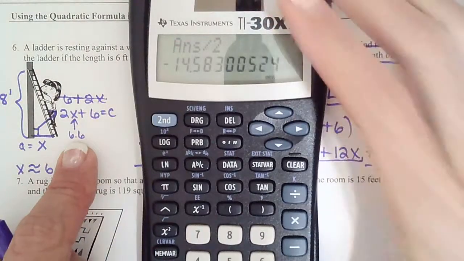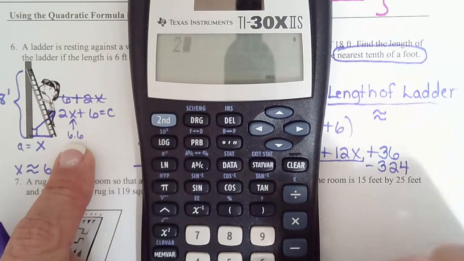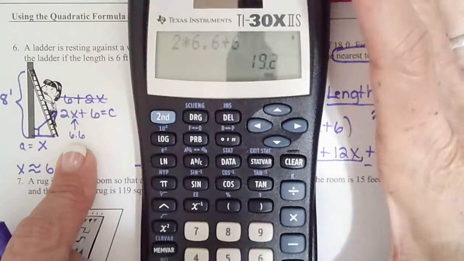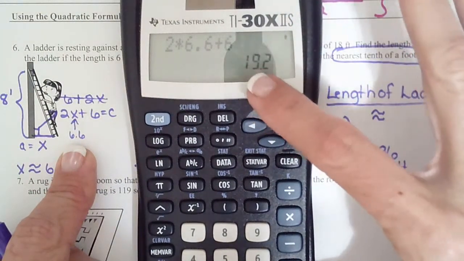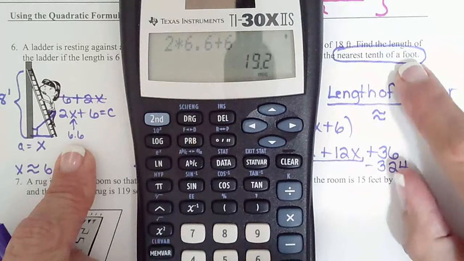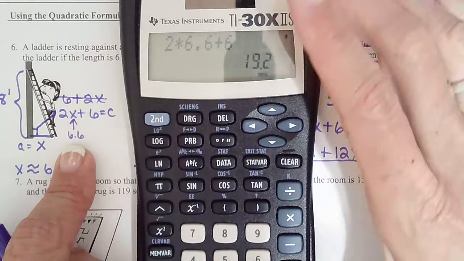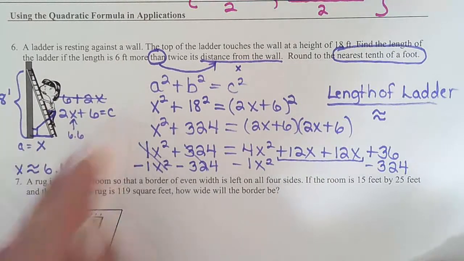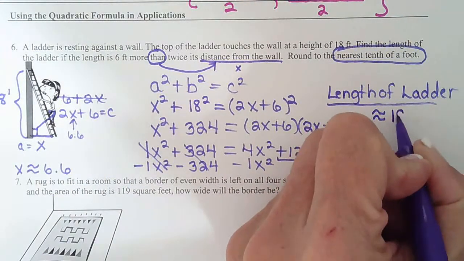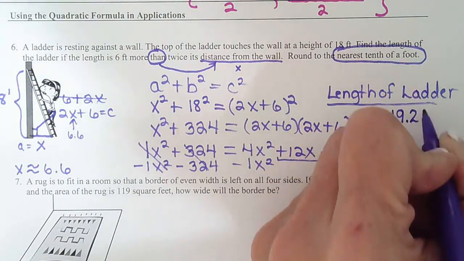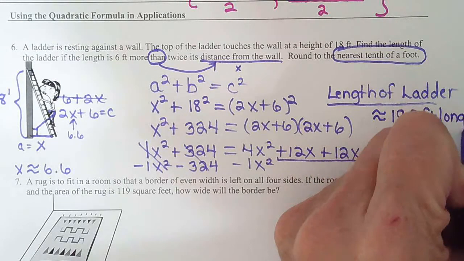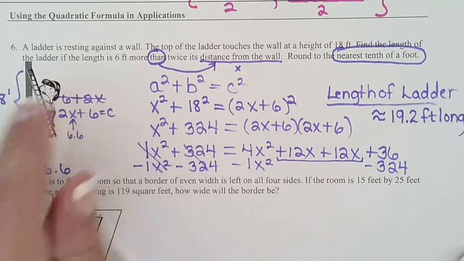So then on our calculator, we type this in. 2 times 6.6 plus 6. So the ladder's approximately 19.2 feet long. So we just put our 6.6 in there, type that in, 19.2 feet long. Because it says find the length of the ladder.